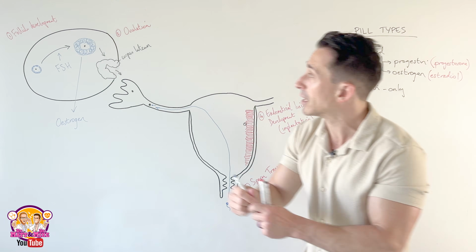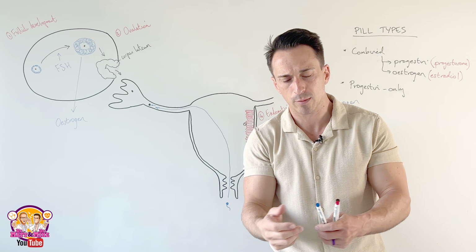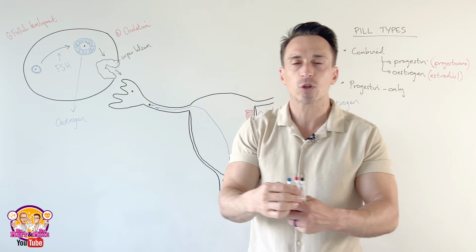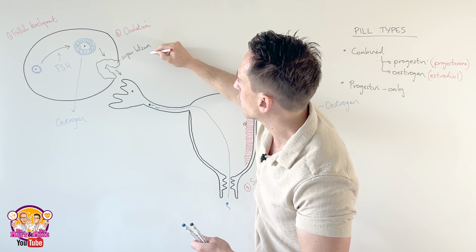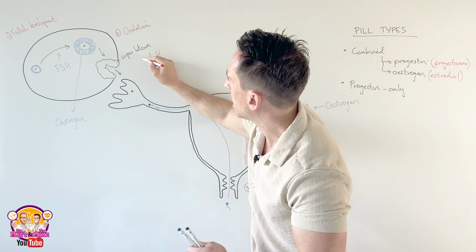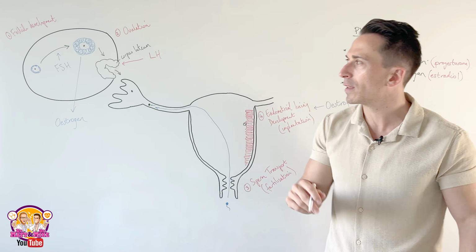Next step is ovulation. Now again, once puberty hits, there is another hormone that's released from the brain in addition to FSH, and that's called LH, luteinizing hormone. What luteinizing hormone allows is ovulation. Luteinizing hormone allows for ovulation to occur.